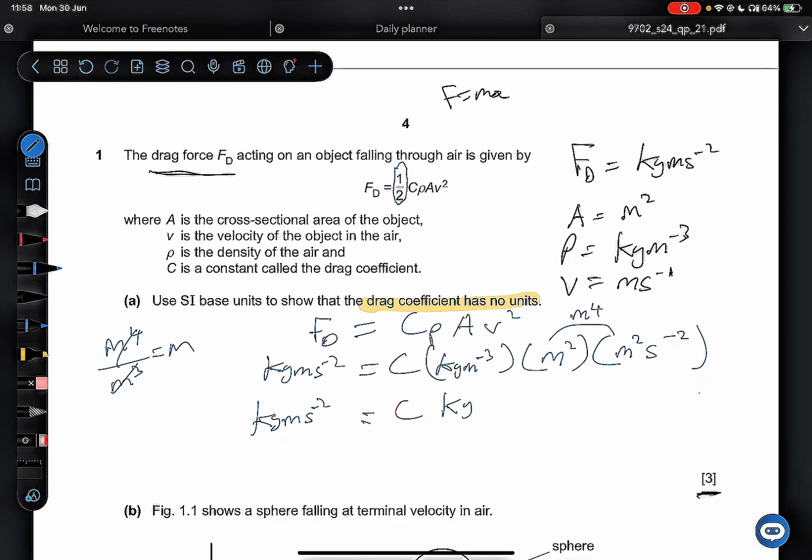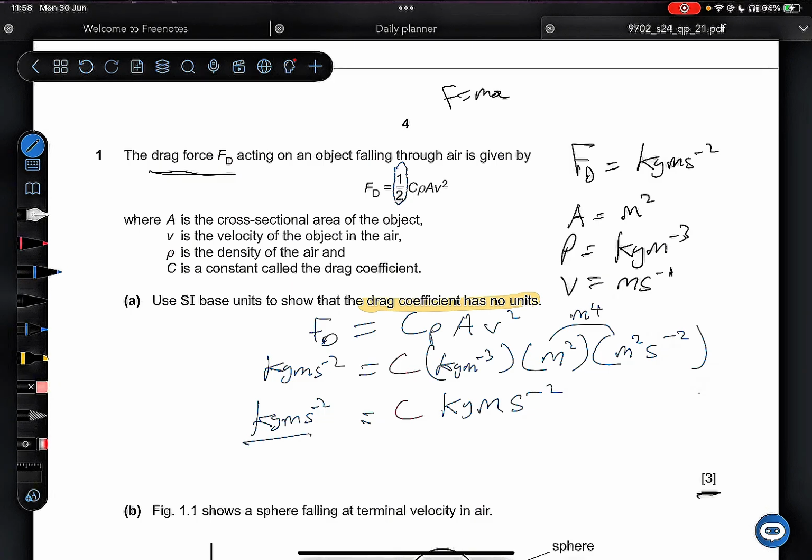And s minus 2 remains the same because it has nothing to cancel with. So what we observe is that these two are the same, and they cancel out if we choose to divide. That shows us that C has no unit.